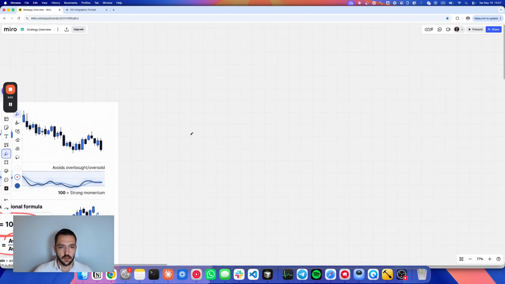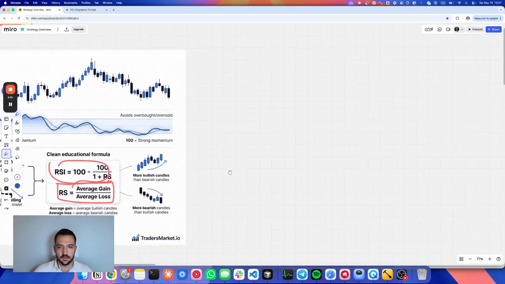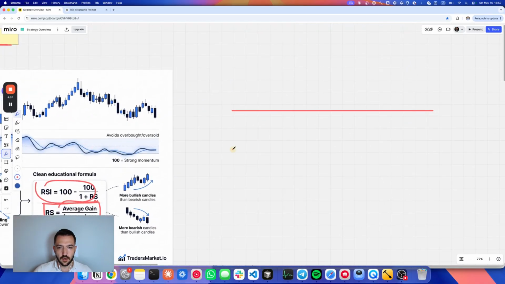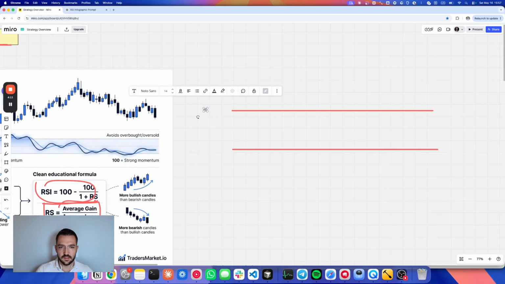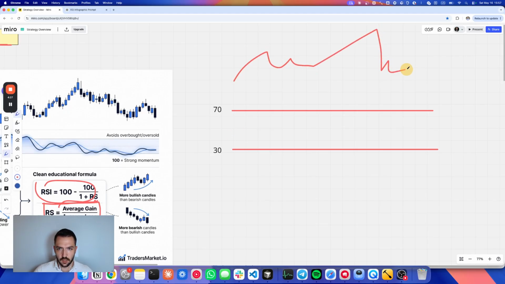Basically, what are the rules of this strategy? The RSI overbought, oversold works like this. You have two levels. These levels you can change, but mostly they are going to be 70 and 30. RSI goes from 0 to 100, and your price is going to go, and your RSI is going to be going also.